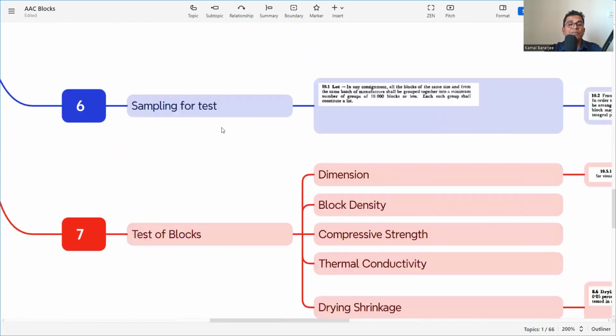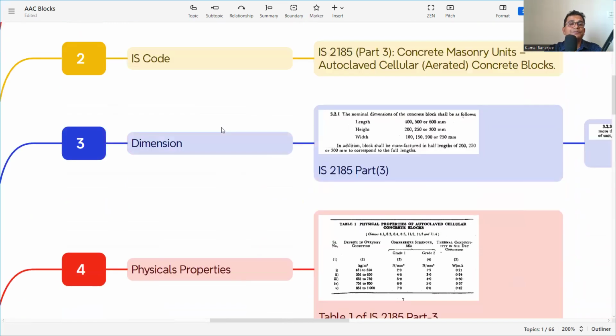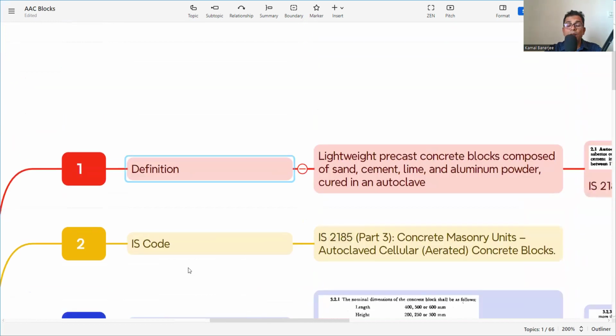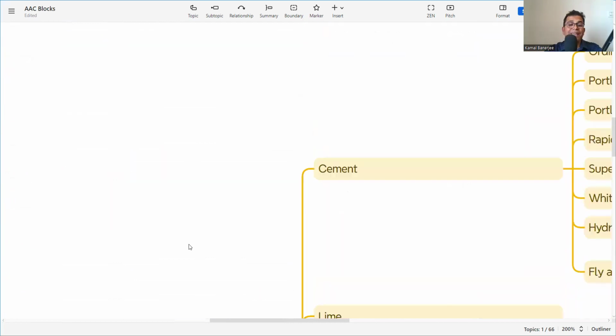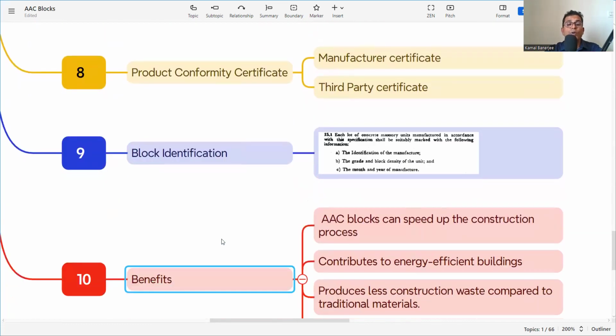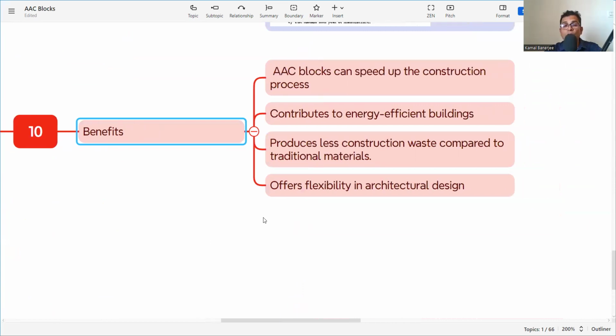Then that is all. So let me summarize what we have already discussed: the definition, IS code, dimension, physical properties, then the sample size, lot size, the tests, the main ingredient, and everything. Now, why is this block beneficial, or why is AAC block used? In short, AAC blocks can speed up the construction process. Why? It is lightweight, easy to handle, and it has an architectural finish because it is a smooth finish.